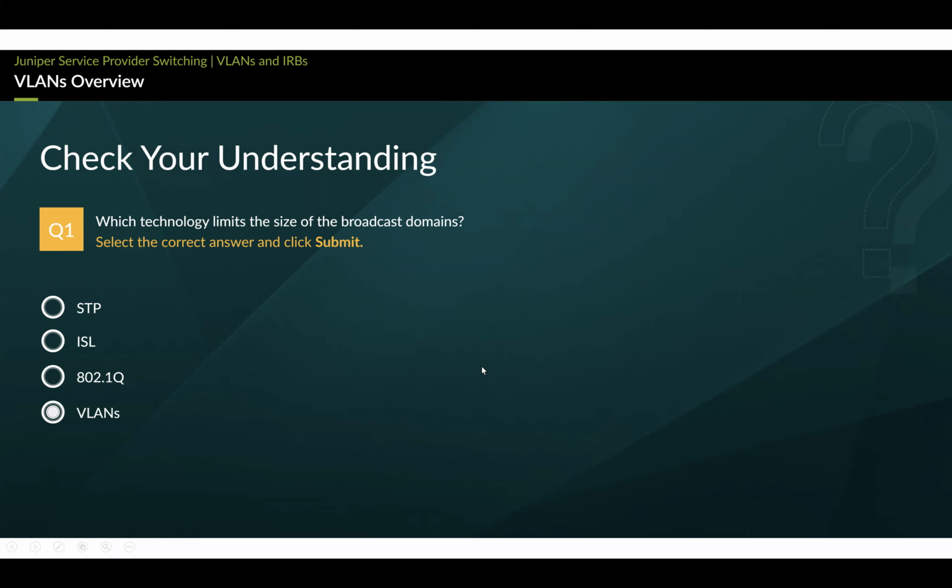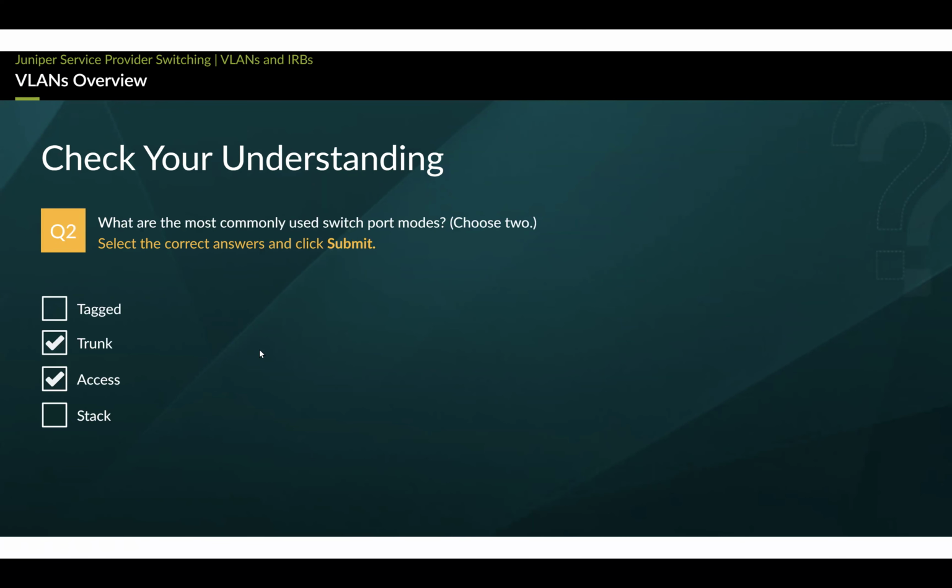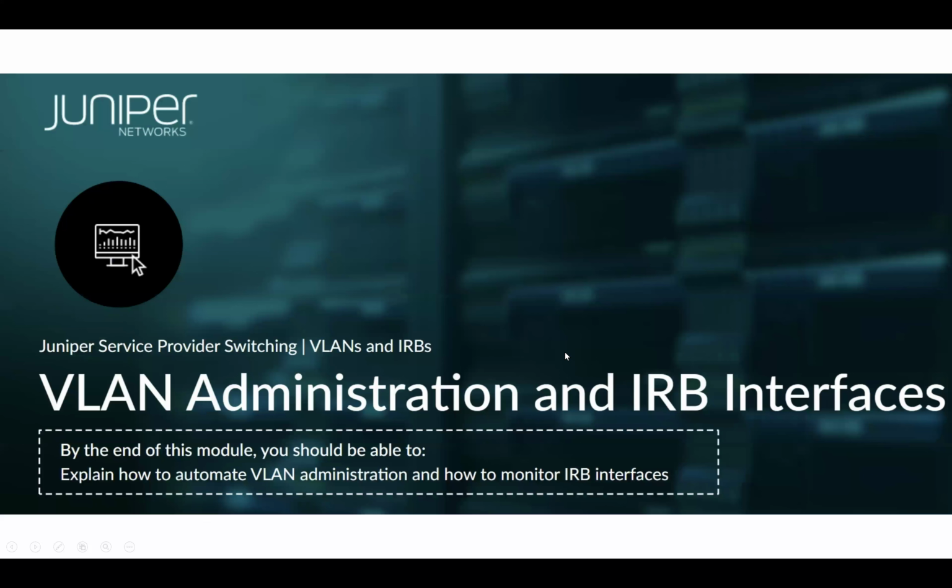If I divide a flat network into VLANs, your broadcast domain size will be reduced. What are the most commonly used switch port modes? Access and trunk. In an access port, untagged VLAN traffic will communicate, and in a trunk port, tagged VLAN traffic will communicate.